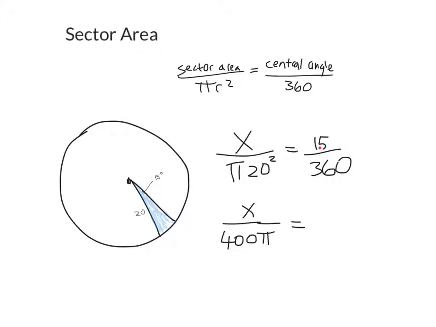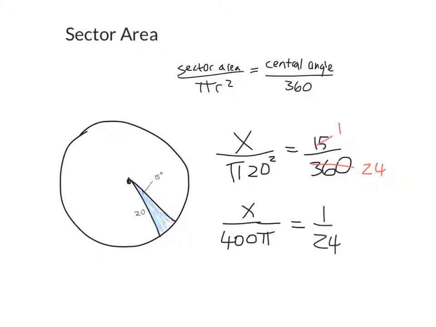If you're not sure about that, you'd have to maybe pause the video, go off to the side, double check that. But the GCF of 15 and 360 is actually 15. The greatest common factor of these two numbers is actually 15. So this is going to become a 1, and 360 divided by 15 is 24. So this ends up becoming 1 over 24.